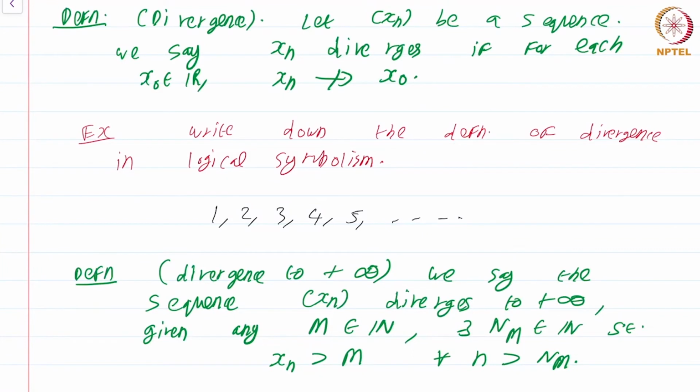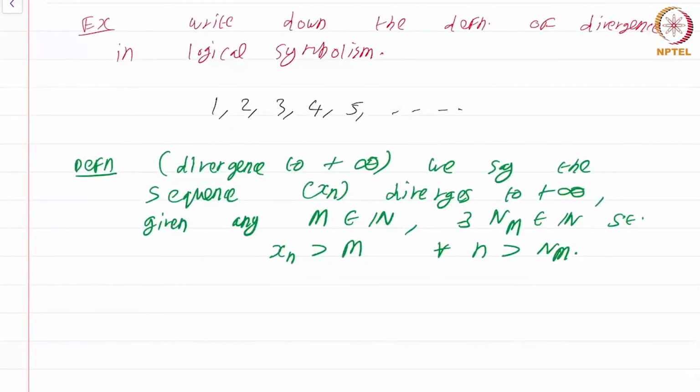All this is saying is, if you move sufficiently far away through the sequence, then the terms of the sequence will be larger than m. And this must be true for each m in N. No matter what fixed natural number I take, after some point in the sequence, the terms of the sequence will be greater than capital M.